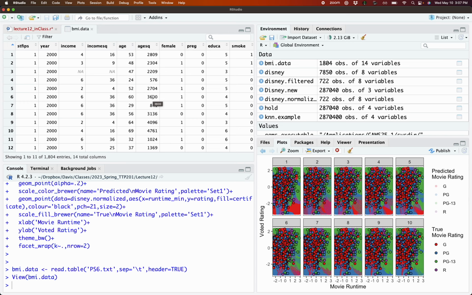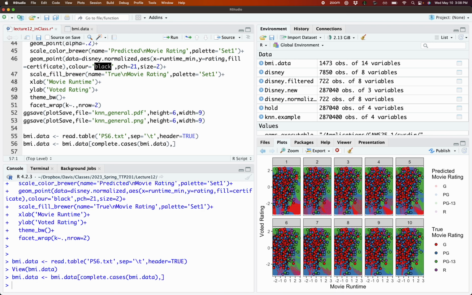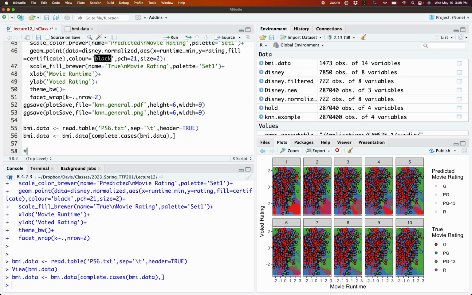ST-FIPS is a location indicator. Here, income squared, age squared, whether or not they're female, whether or not they're pregnant, level of education, and then whether or not they smoke. Okay? And there's a couple other variables there that we'll go through in a little bit. Okay. I'm just going to get rid of any NAs. And let's look at the OLS example.